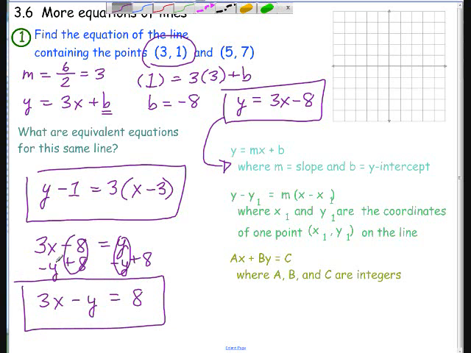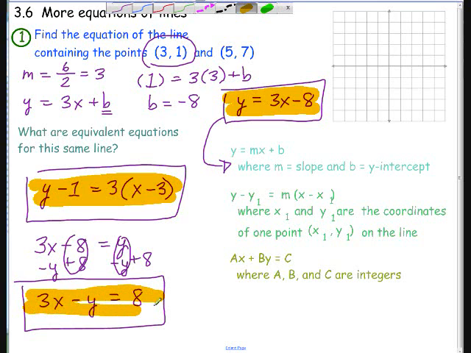So there we have 3 different ways of writing the very same equation. And you may find in certain situations you prefer one or the other. It depends on what you're trying to do.